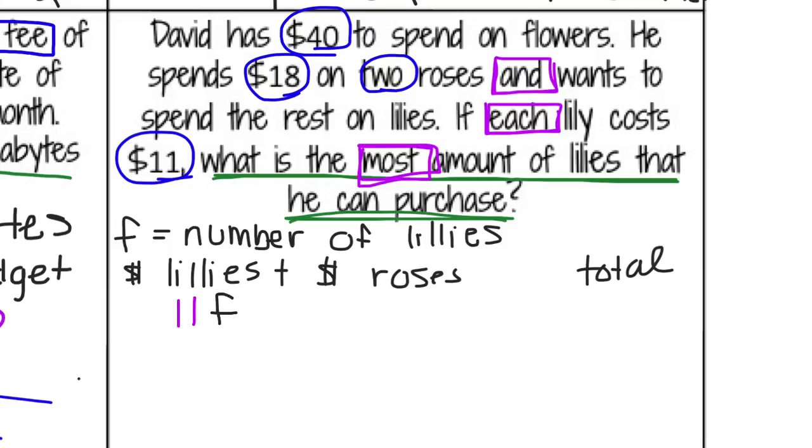So 11 times F is 11F. Plus, it said he spent $18 on roses, so plus 18, and he has $40 to spend. He can't spend more than $40, so what he can spend has to be less than that. Or he could also spend exactly $40.